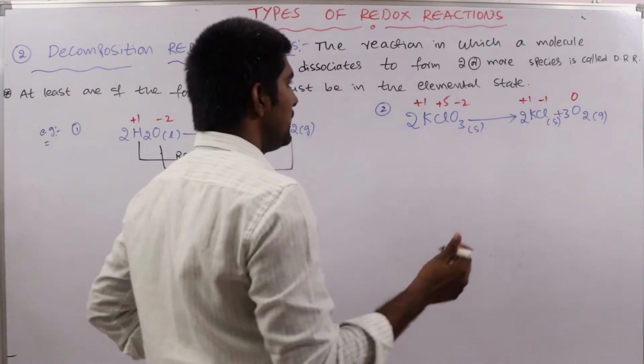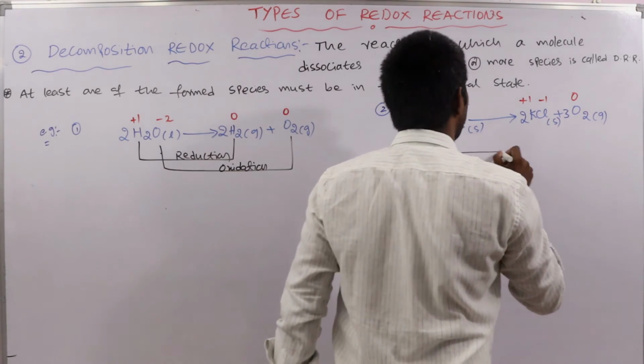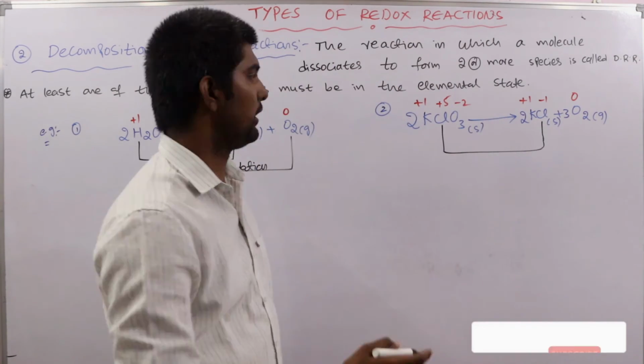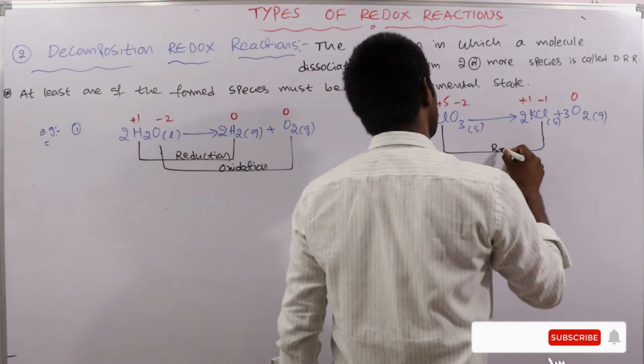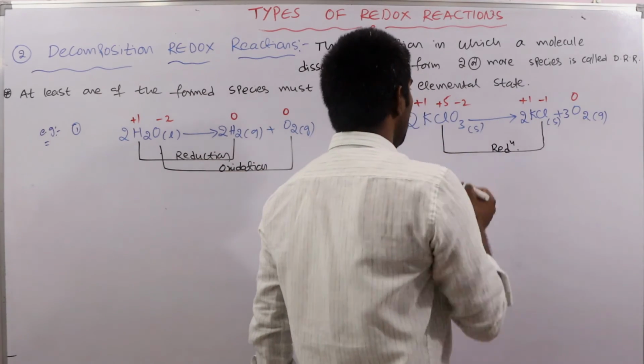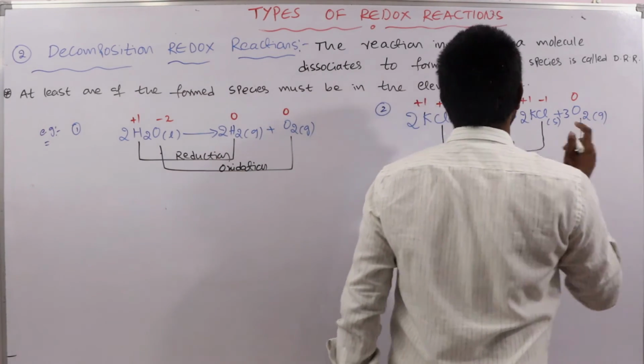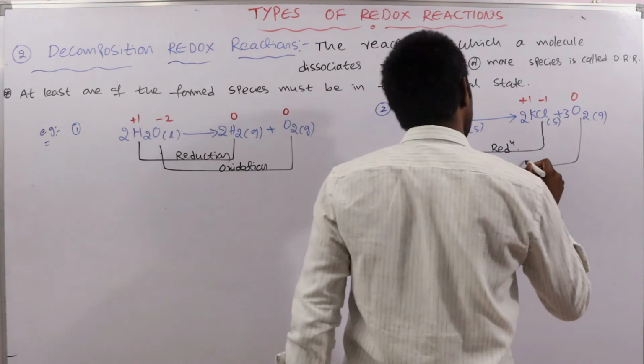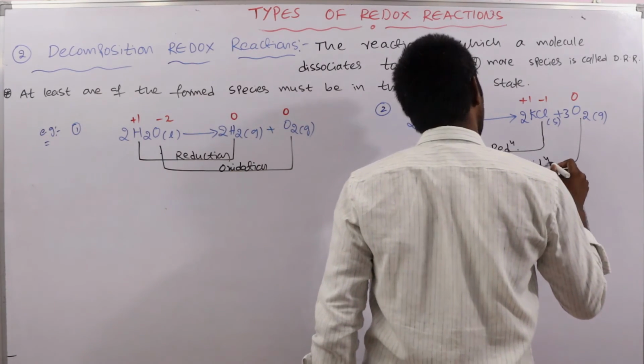See here what is happening, chlorine +5 to -1, the oxidation state is reduced, so it is undergoing reduction. And look at the oxygen, -2 to 0, its oxidation state is increased, so it is undergoing oxidation.